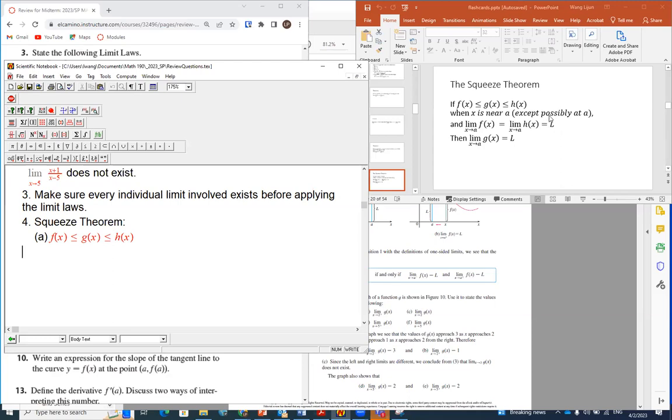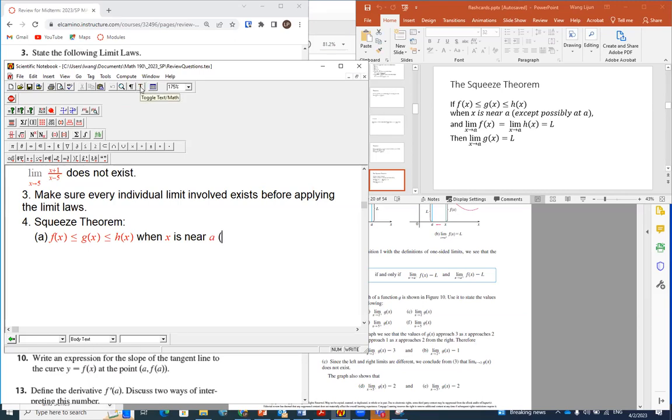You can see it resonates with the definition of limit. So you want to take that to your mind, right? When x is near A, except possibly at A, right?